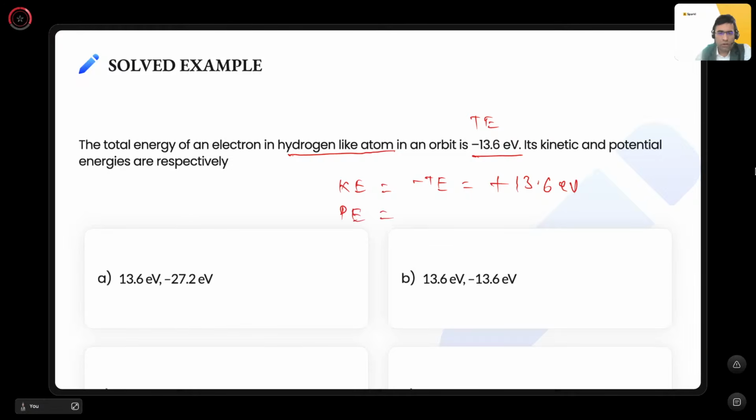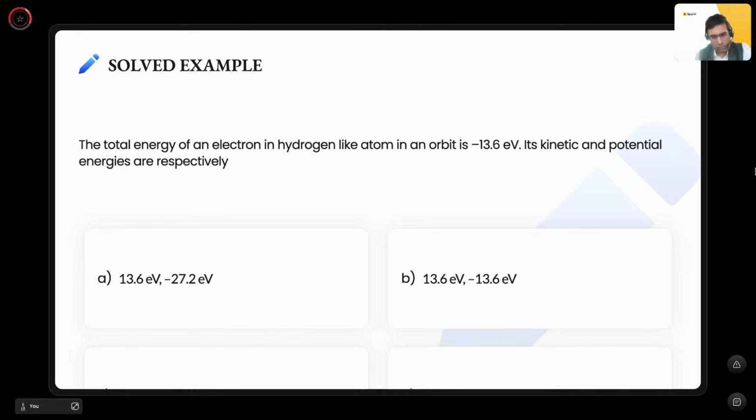Potential energy is equal to minus of 2 times of total energy, वो भी नेगेटिव ही आएगी इसी की तरह. So it will be minus of 27.2 electron volt. So potential energy is twice of total energy and kinetic energy is equal to minus of total energy. So this option will be correct.